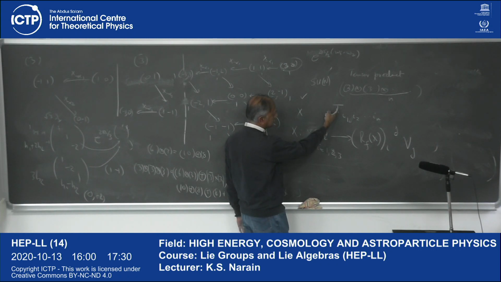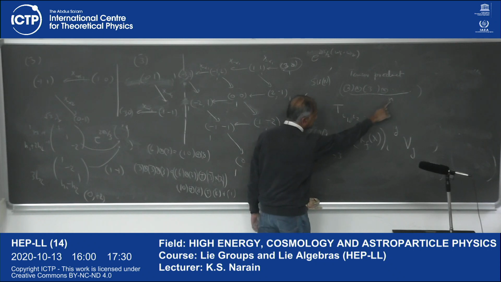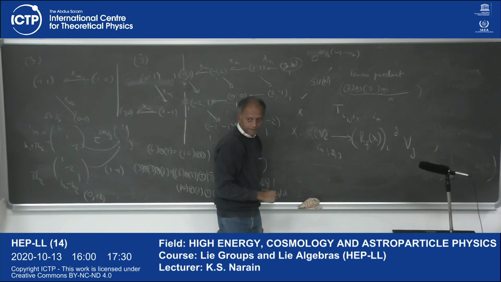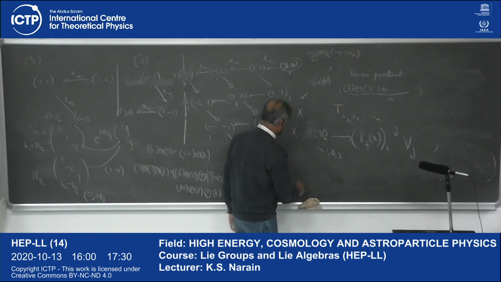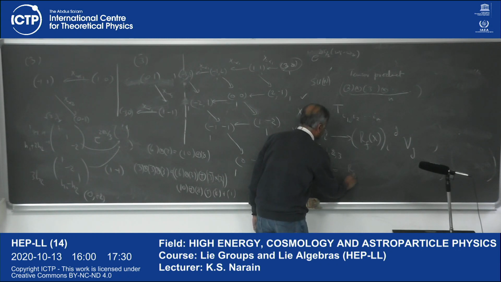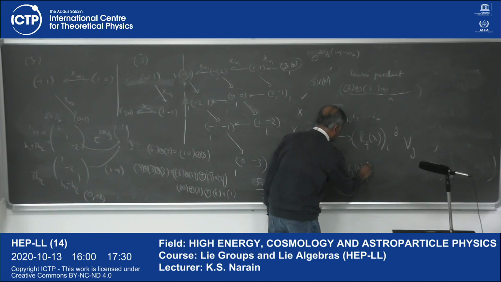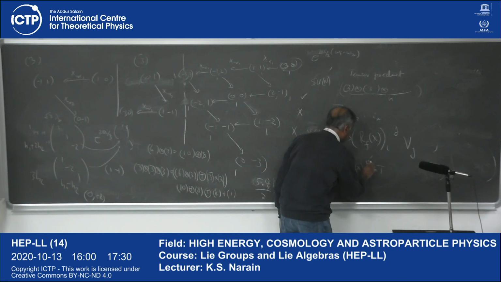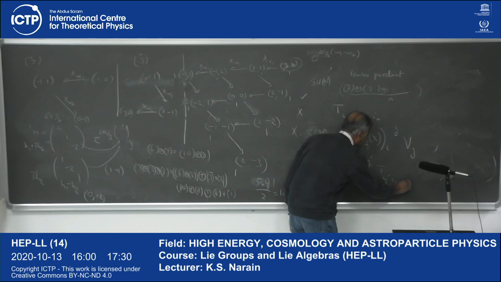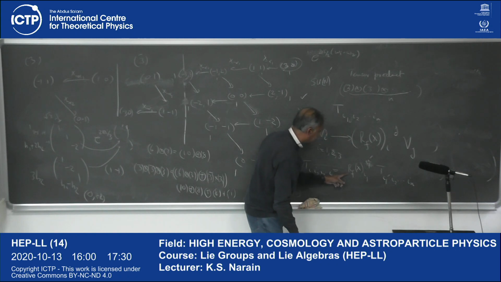This is a special case of the tensor where small n equals 1, so there's only one of them. Now, the tensor product object T_{I1, I2, I3, etc.} will transform as Rf(X)_{I1 J1} T_{I1' I2 up to In}, and so on.